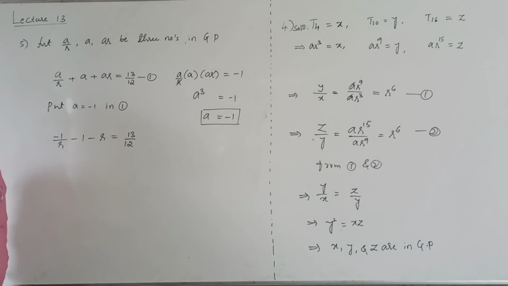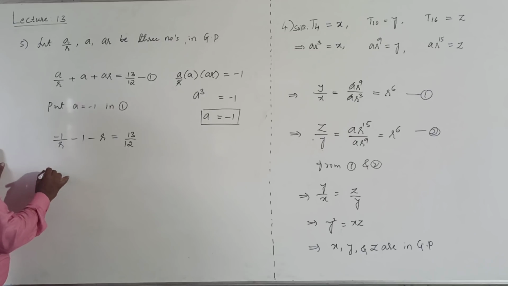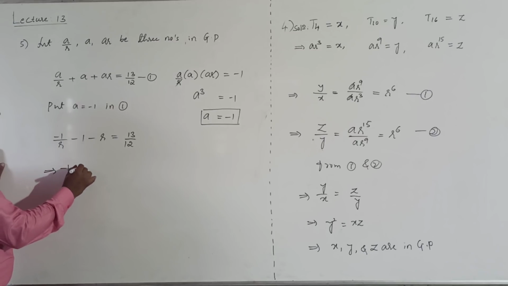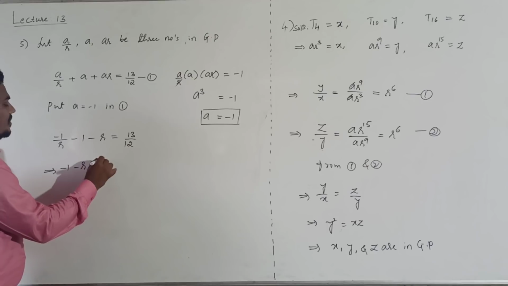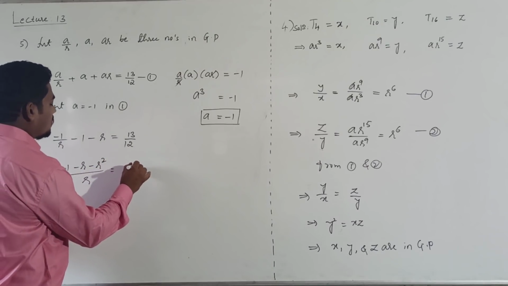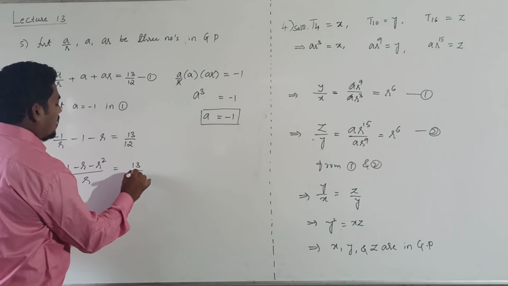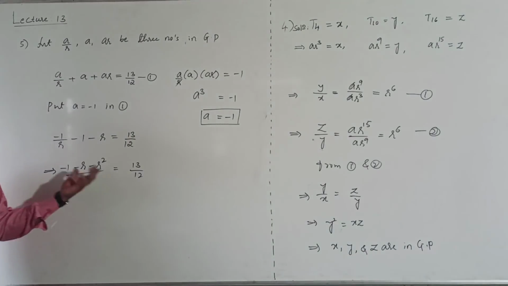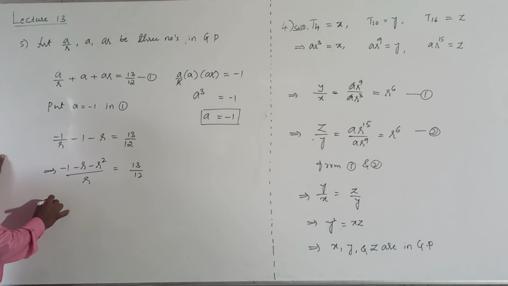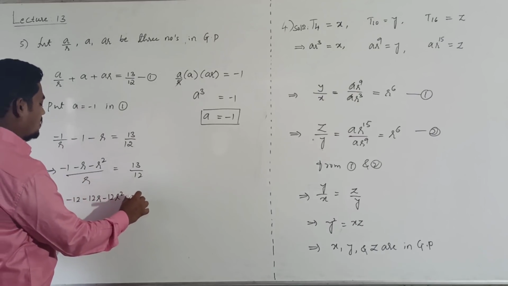Then just take the LCM: -1 minus R square, whole thing divided by R, is equal to 13 divided by 12. Now just cross multiplication: -12 minus 12R minus 12R square is equal to 13R.